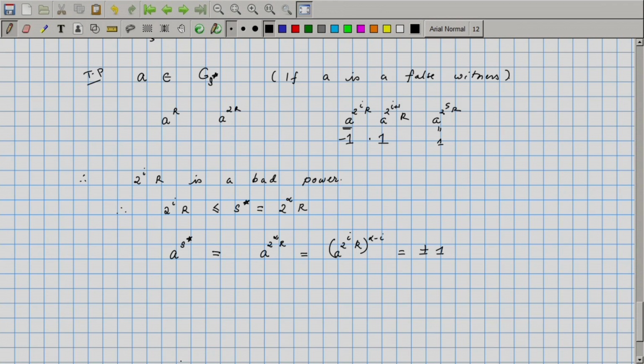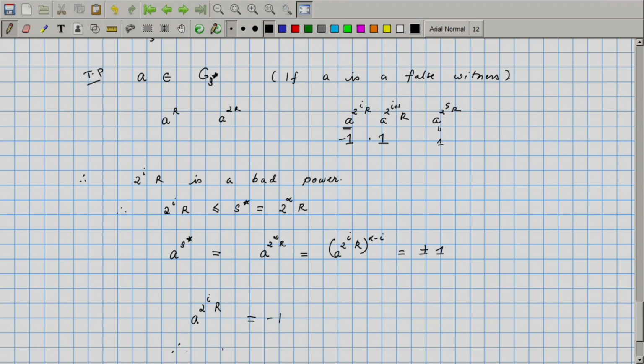Once again, since a raised to 2 raised to I times r was the last point at which the sequence transitioned into 1, we can conclude that a raised to 2 raised to I times r is equal to minus 1.